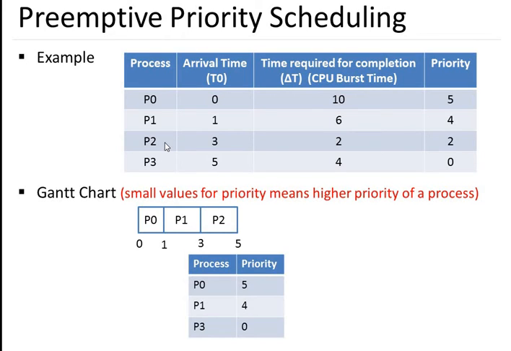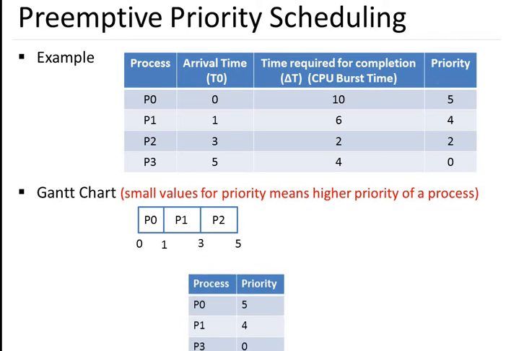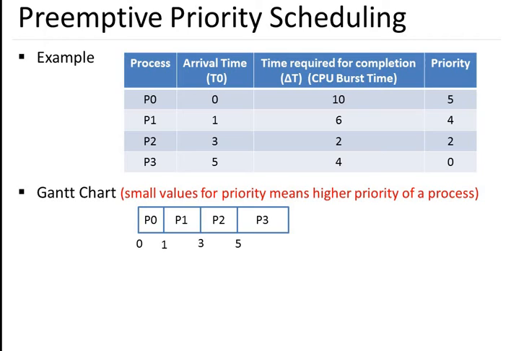If this process was not completed yet, then you would have to consider it in the queue. But process P2 has completed, that's why it is not in the queue. So now process P3 has priority number 0, and the smallest value represents higher priority. That means process P3 will be executed. So again context switches occur.